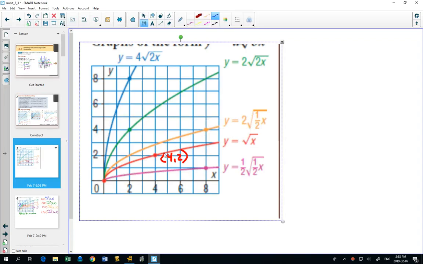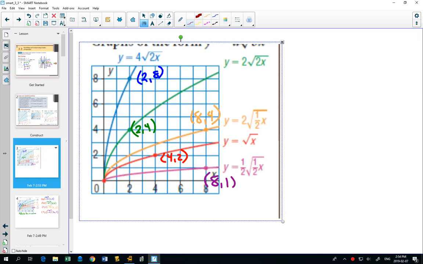They've labeled the point 2, 8 on the blue graph, the point 2, 4 on the green graph, the point 8, 4 on the orange graph, and 8, 1 on the purple graph.